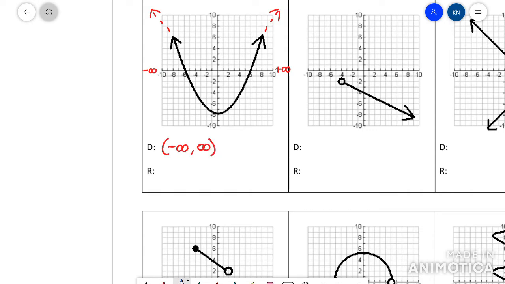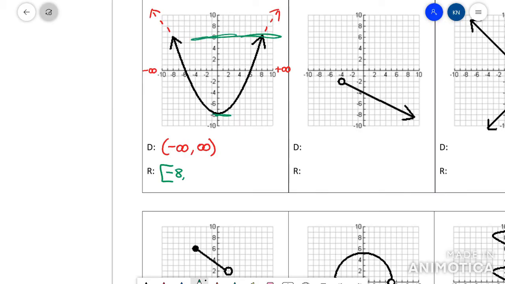Now, range is a little bit different. Range is how low it goes, how high it goes. So you really want to identify the lowest point first. That's at -8, and it hits -8, so it's included in that. So I'm going to use a bracket when I write this range, -8, so here. And how high it goes, well, it does not stop at 6.